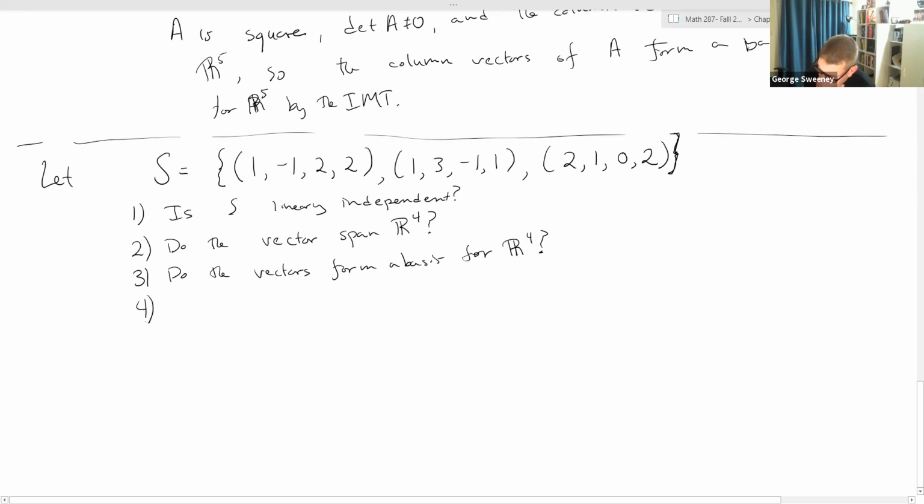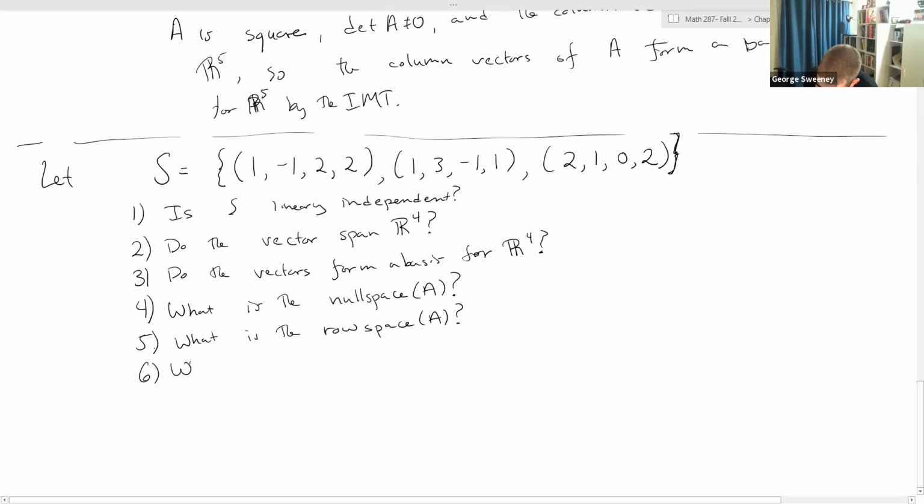Four, what is the null space of A? Five, what is the row space of A? Six, what is the column space of A?